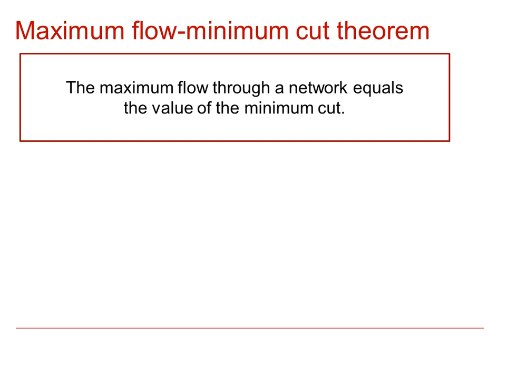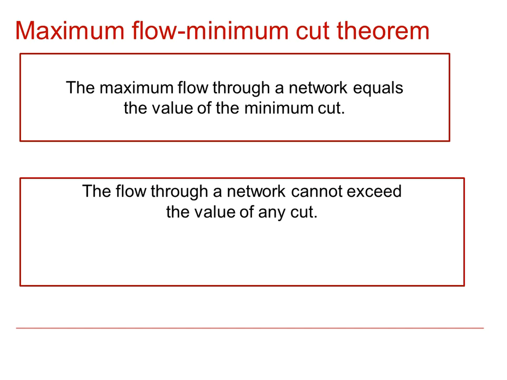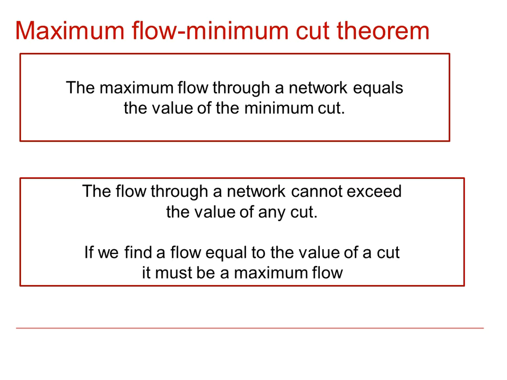So far we know that the maximum flow cannot be greater than 19. So the flow through a network cannot exceed the value of any cut. It also means that if we can find a flow equal to the value of a cut, so if we happen to have a cut of 19 as we have at the moment, if we find a flow equal to 19, that must be a maximum.